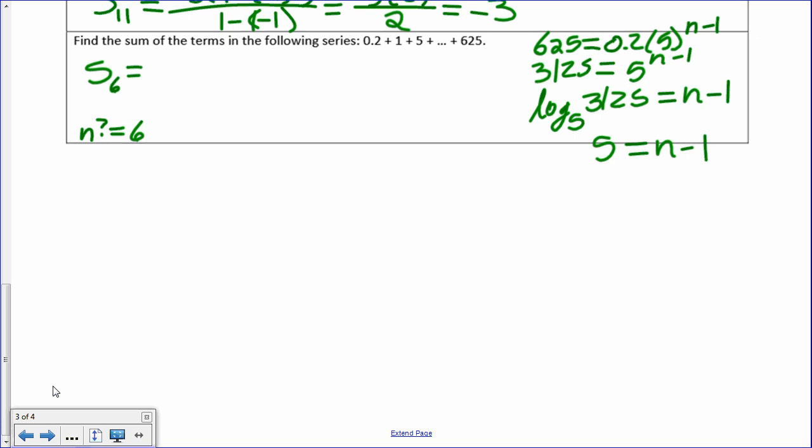Yeah, so make sure you guys know that if you're missing something, you have to go to your a sub n formula, and you could be missing any one of those pieces, a sub 1, n, or a sub n itself. Then you start plugging stuff in. What comes first? 0.2 times 1 minus 5 raised to the 6 over 1 minus 5.